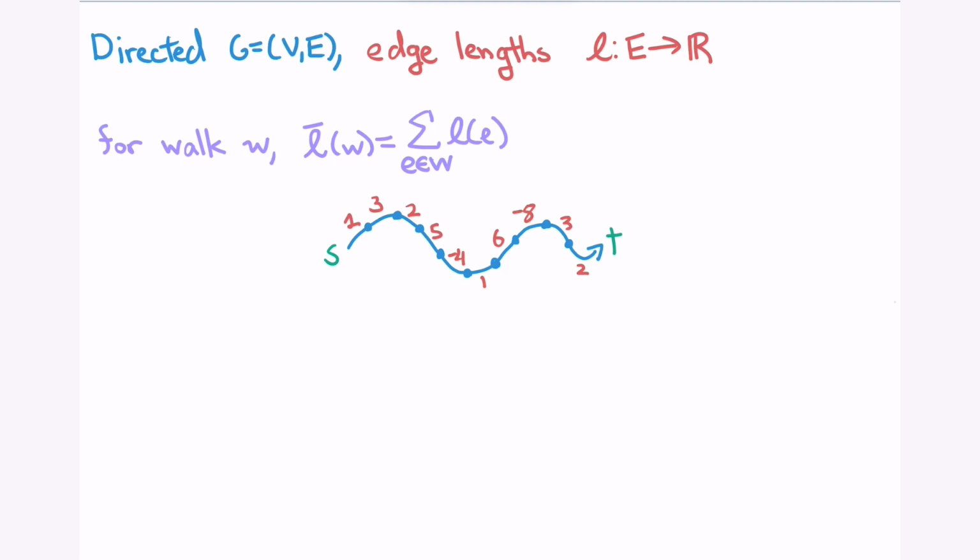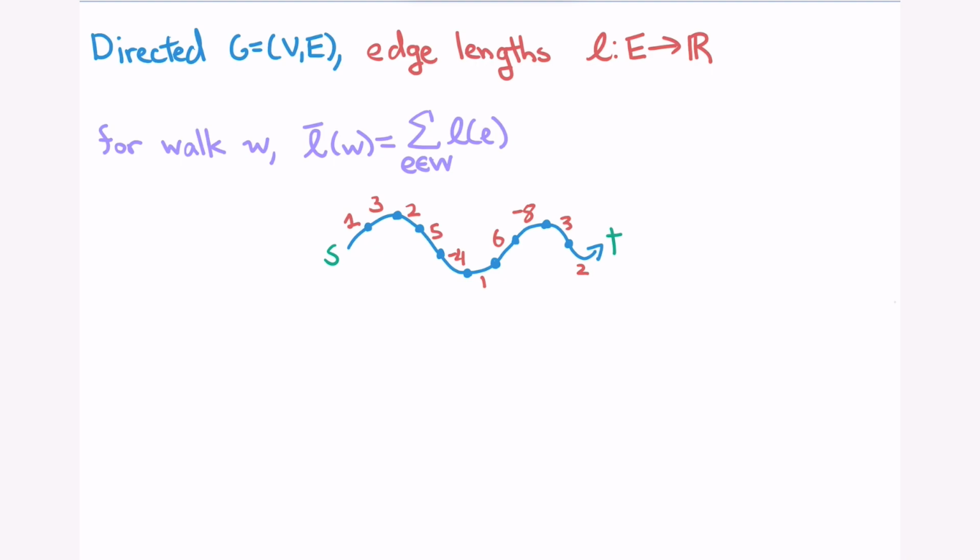But we can give you edge lengths. Instead of just 1 for each edge, it could be 1, 2, 3, 4. It can even be negative. We won't focus so much on that today. Next time we'll talk about negative edges. Nonetheless, a walk is just any kind of walking through the graph, taking one edge at a time. The length of a walk is just summing up the length of the edges on a walk.